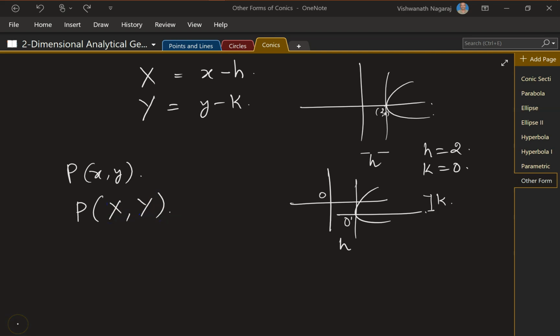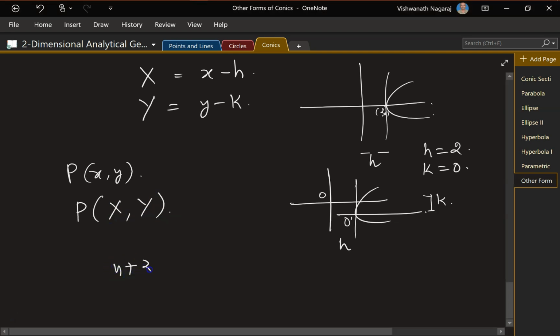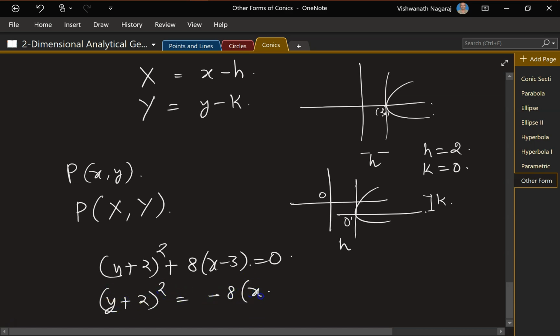For example, if you have an equation y plus 2 square is equal to 8x minus 3. Let's say they have made it a little bit more and put it as this. Now you convert it into standard form, or at least put it in that form where y is on this side and x is on that side. So y plus 2 square is equal to minus 8x minus 3.